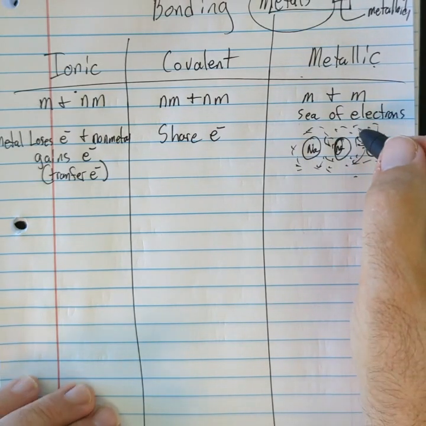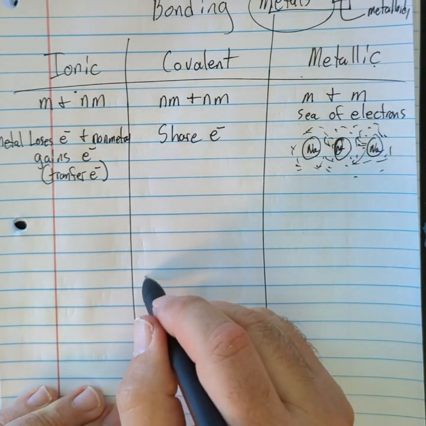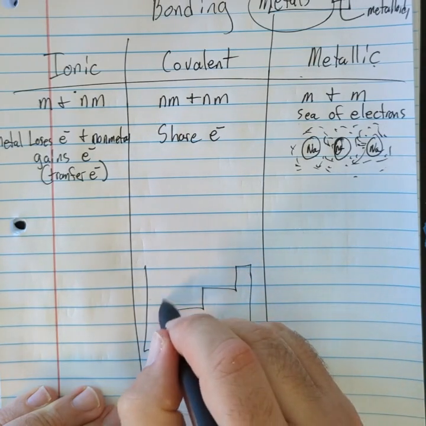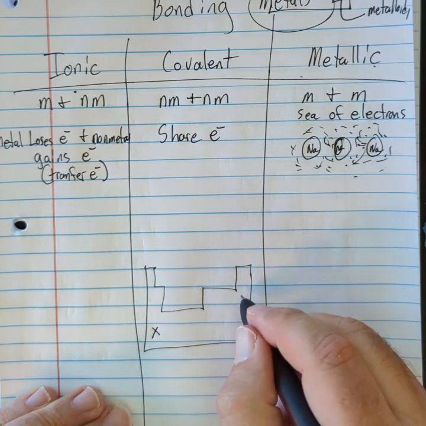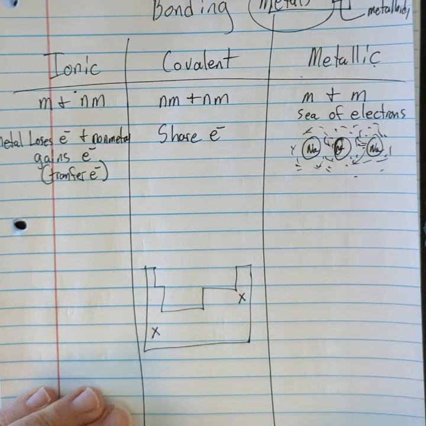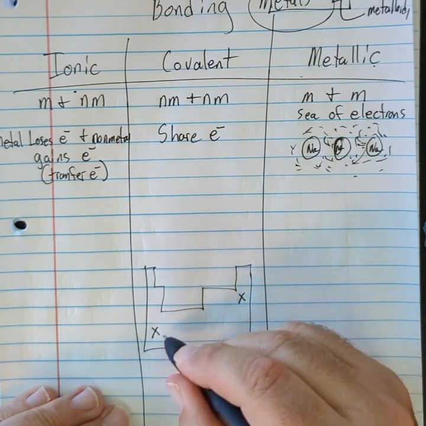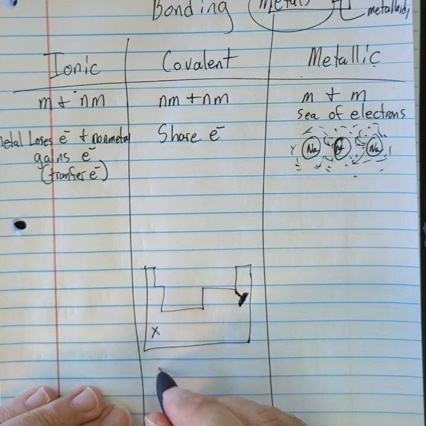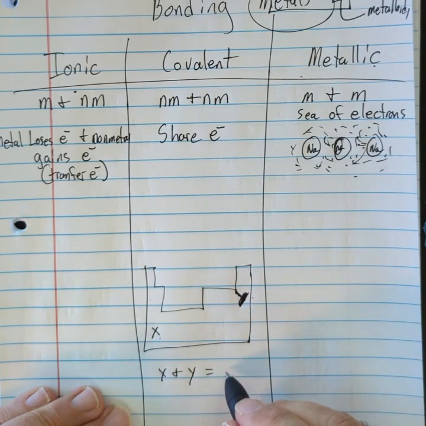So if you were to look at the periodic table, let's draw another one on here. And they gave you an element over here and an element over here, let's say X and Y. X and Y, that's a metal and a non-metal, so that would be an ionic bond.